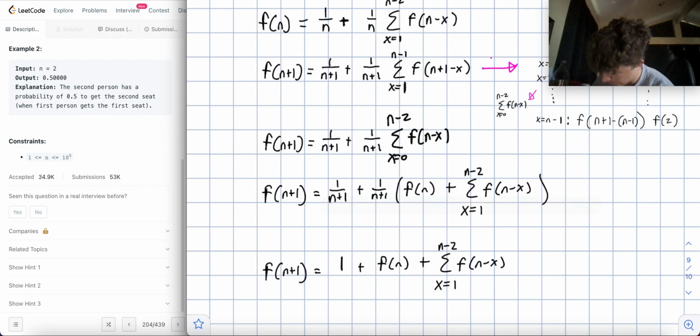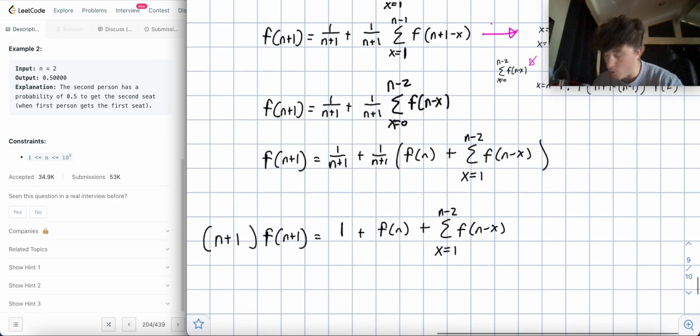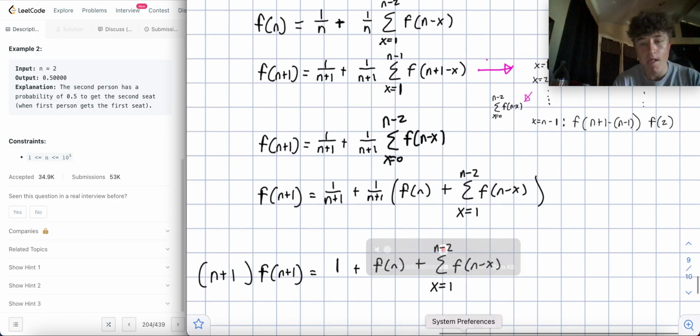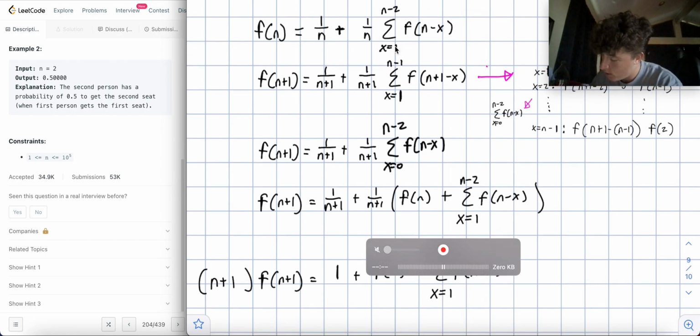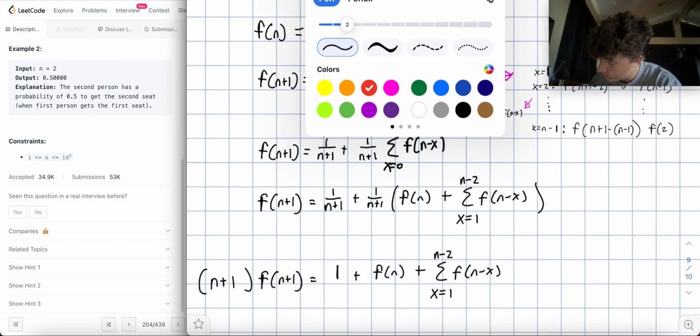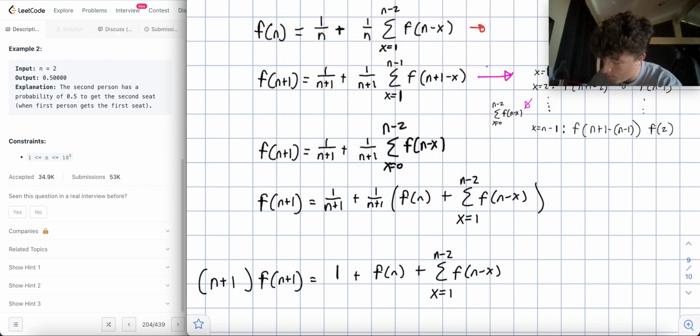Except now we have an n plus 1 term over here. So let's replace this term with this term. In order to do that, we took this, we moved it over. What would we do to change this? Well, we multiply everything by n, like so. Then this becomes a 1. So this is n times f of n minus 1 equals this whole thing.